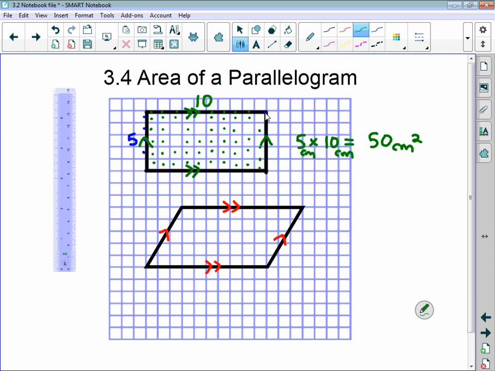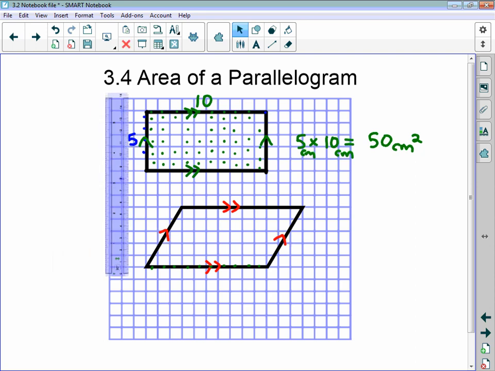So we want to find the area of this parallelogram. If we're thinking in terms of a rectangle, we would say we measure both sides, one side and then the top. We can see that the bottom here is, again, 10 units across. And well, hey, let's take our ruler.